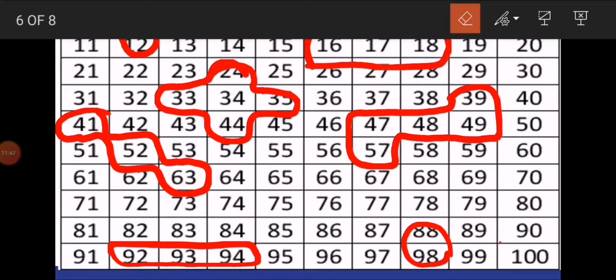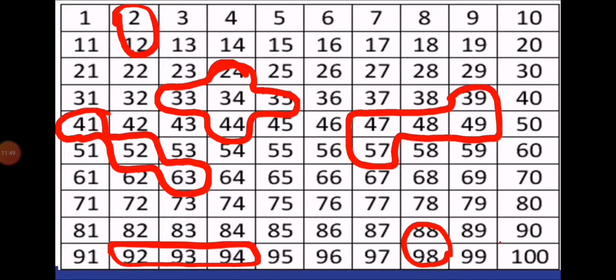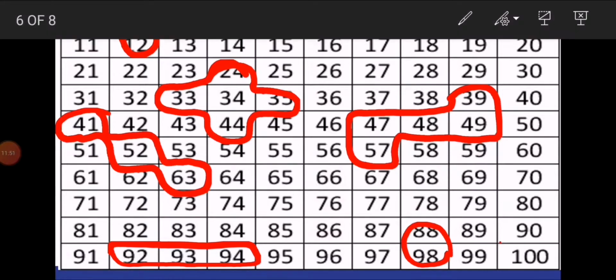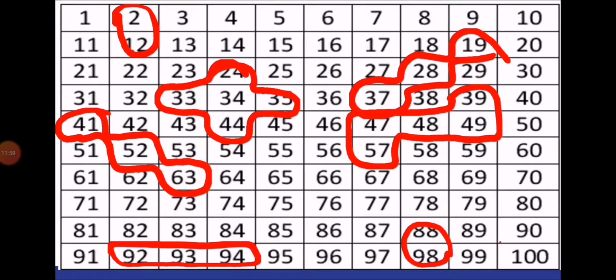I'm doing it again for you. From 19, 28, 37. So from 19 it's going again diagonal, 28 and 37. They are moving downwards diagonally.